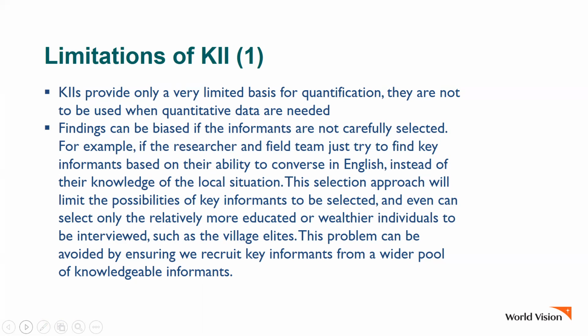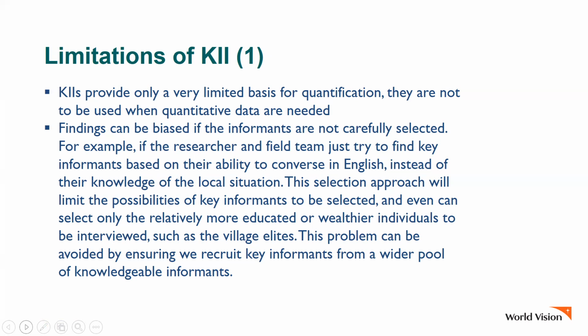Two, the findings itself can be biased if the informants are not carefully selected. For example, if the researcher and the field team just try to find key informants based on their ability to speak in English instead of their knowledge of the local situation. Using this selection approach will limit the possibilities of key informants they can select.